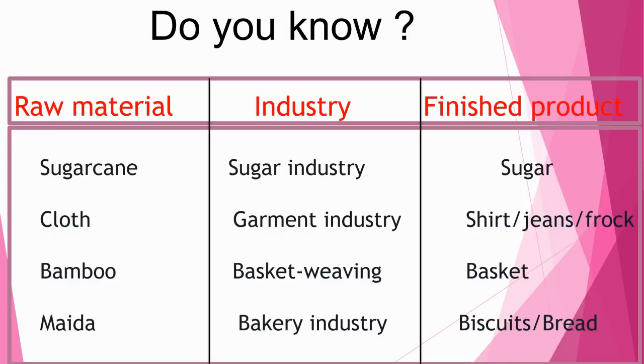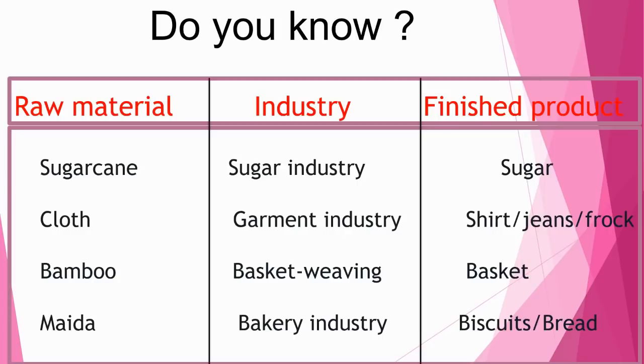Then the next one is cloth, then garment industry, and the finished products are shirt, jeans, frock. Then the next one is bamboo, basket weaving, and the finished product is basket. Then the last one is maida, bakery industry, and the finished products are biscuits and bread.